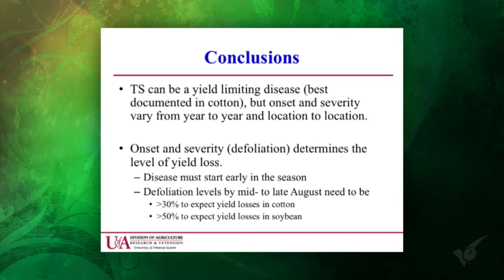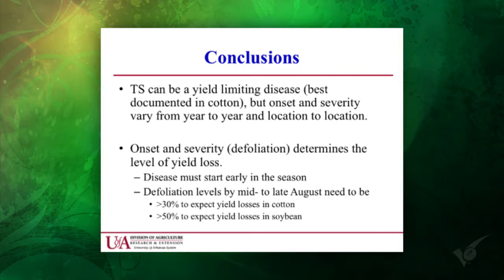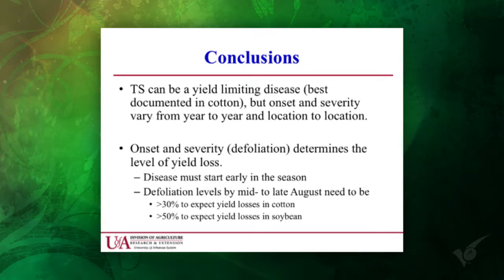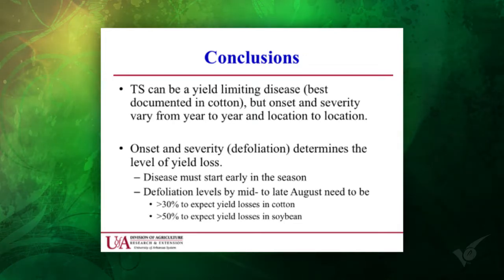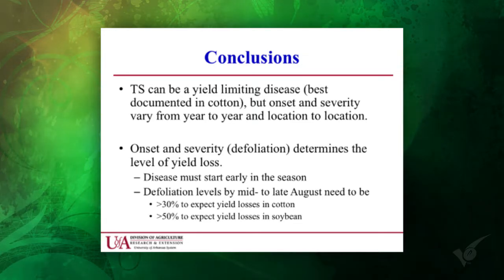Now I'm kind of stepping out on a limb. Some of the amount of defoliation in cotton is based on what folks have done with that multi-state group. But the one for soybeans is kind of personal, based on some scientific data on the amount of defoliation we can expect in soybeans, as well as when you think you're going to actually be able to treat.